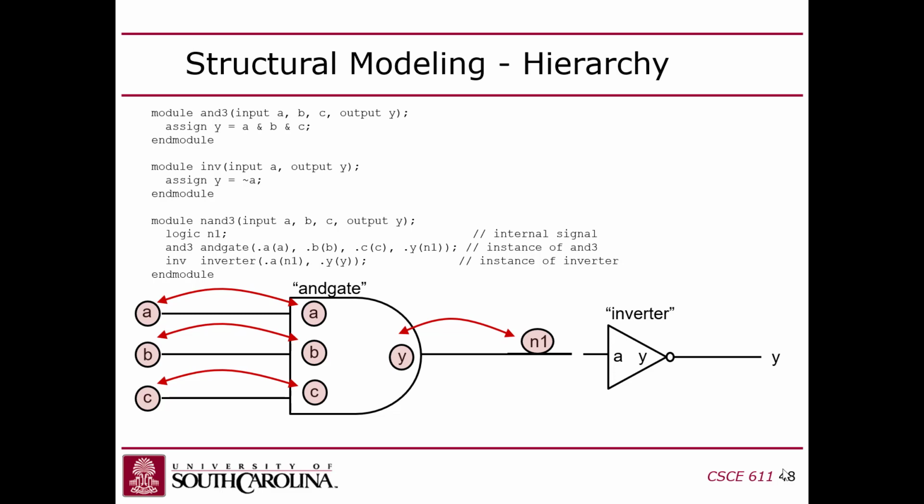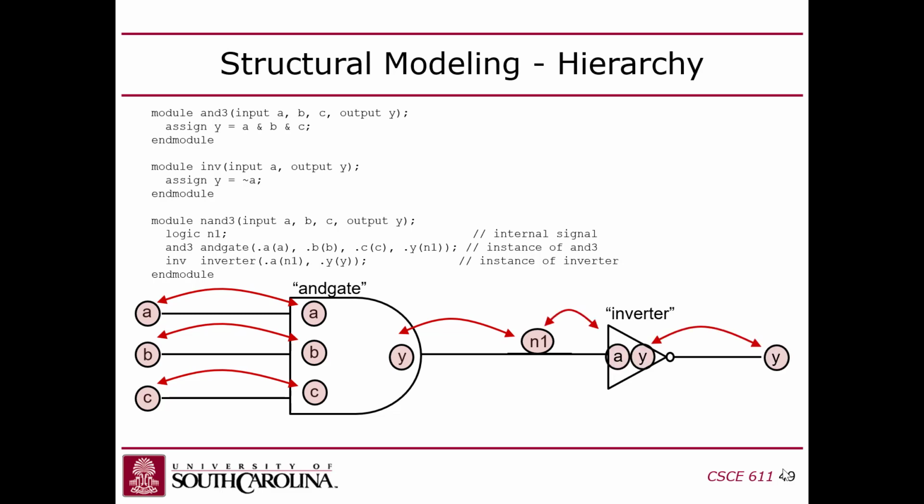So that's why you've got dot Y connected to N1, right? And likewise with the inverter, I've got an input A that I want to connect. I'm going to connect this N1 also to this input A. And I want to connect its Y to my Y. Like that. So that's why you have dot A, N1, dot Y, Y, right?